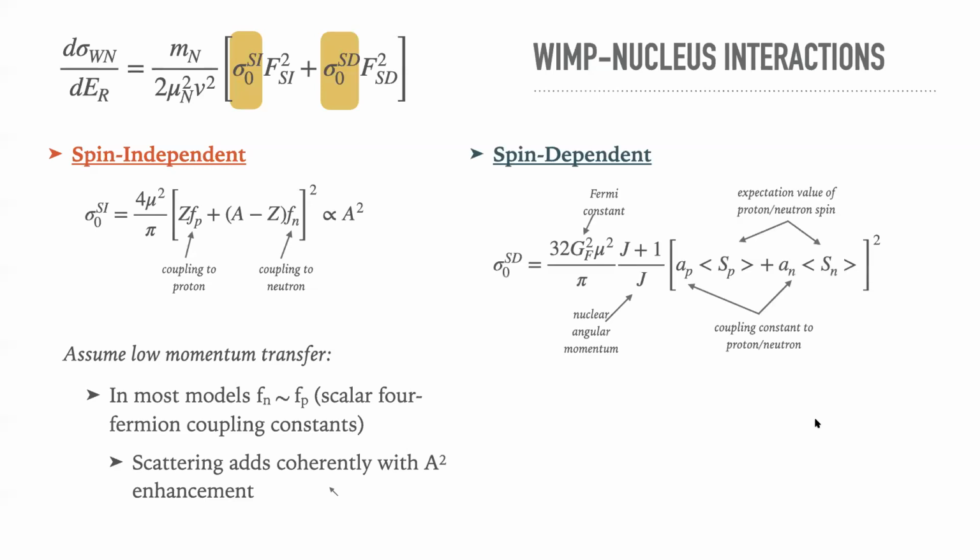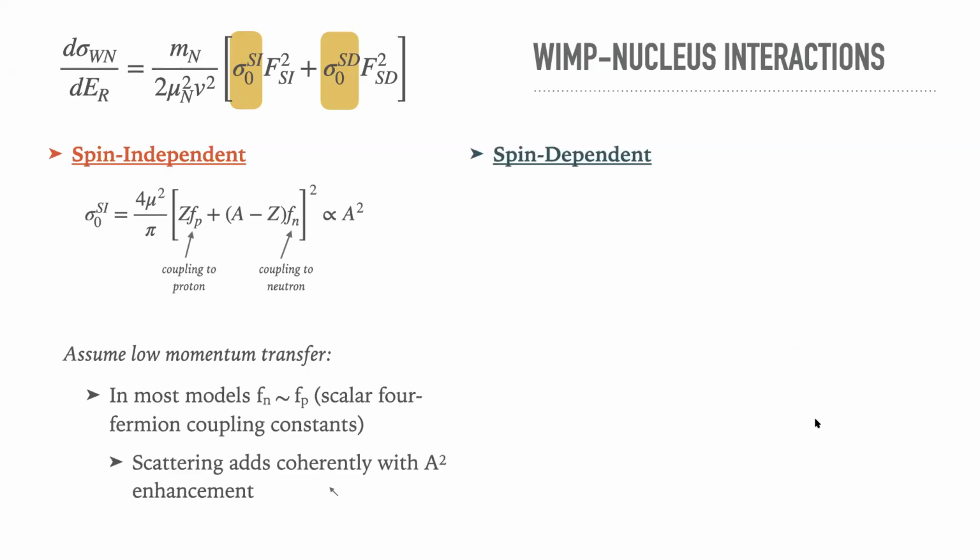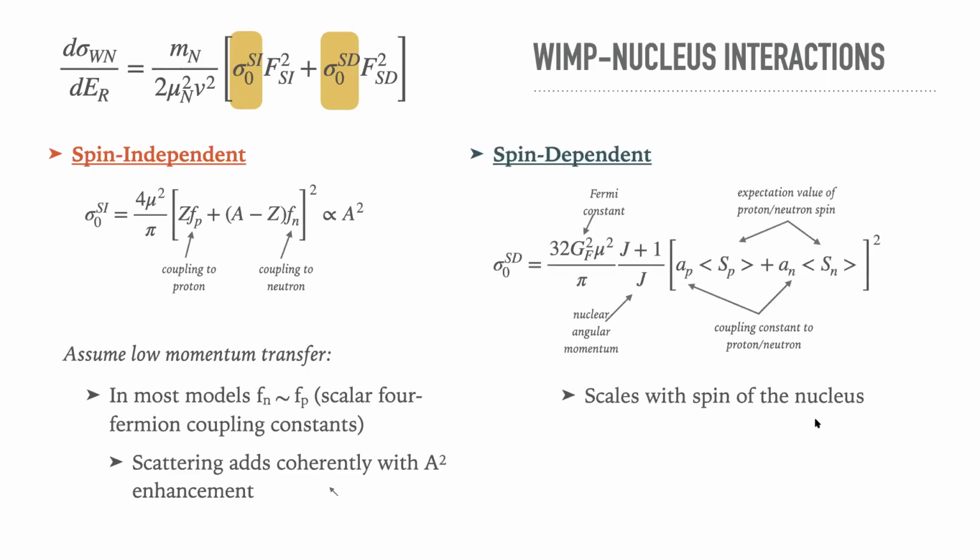All right, so spin dependent. In the spin dependent case, you end up with something that scales as the Fermi constant, the reduced mass, times a term that involves the nuclear angular momentum.